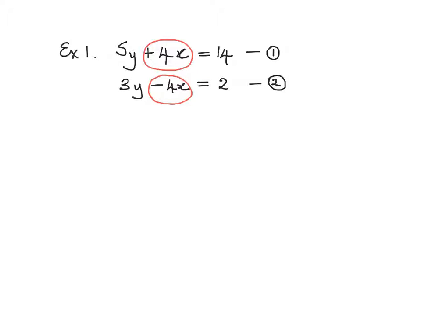So by combining the two equations we can get rid of the x term altogether, which is really what we want to do. If I add equation 1 plus equation 2, what I get is 5y plus 3y, which is to say 8y, plus 4x and minus 4x gives me 0, and 14 plus 2 gives me 16.